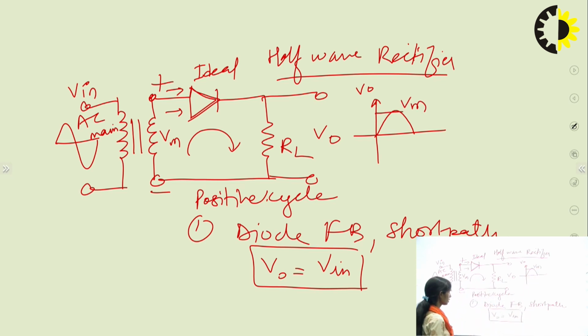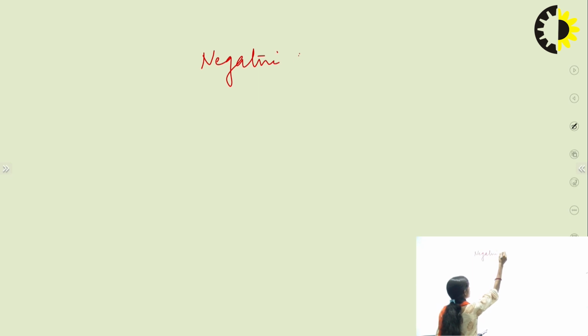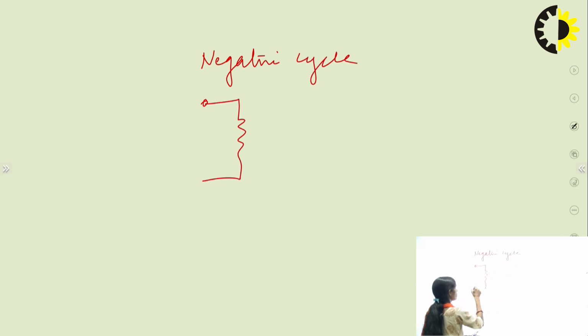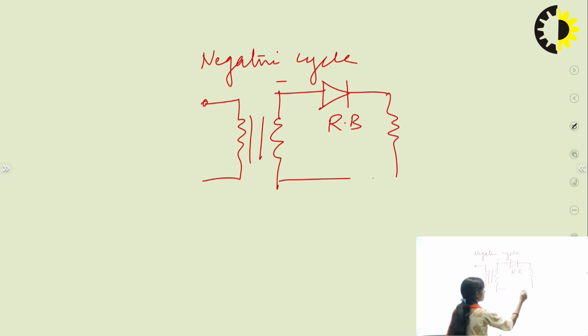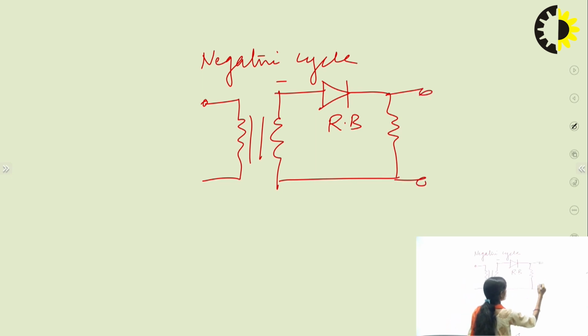Now if we consider the negative cycle, again this end will become negative, and the circuit will be reverse bias. So in reverse bias condition, it is treated as an open circuit.